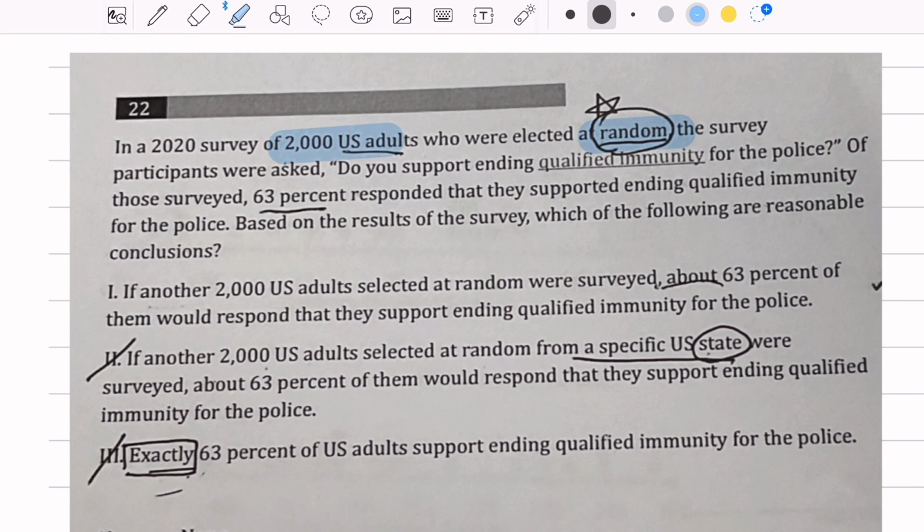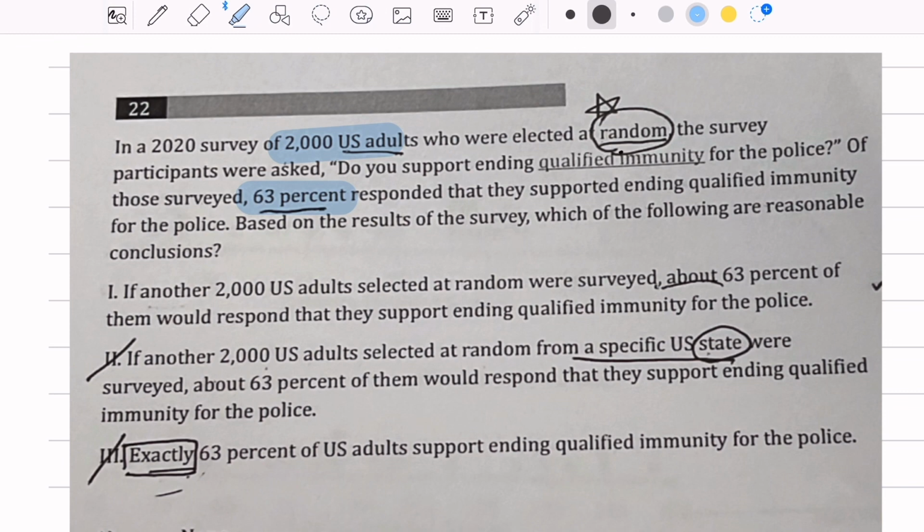Of those surveyed, 63% responded that they supported ending qualified immunity for the police. Based on the result of the survey, which of the following are reasonable conclusions?